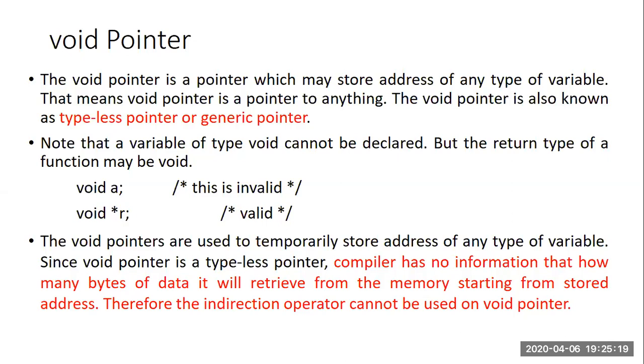Now the question comes, what is the meaning of void *ptr? It's a valid declaration in C. The meaning of void *ptr is that ptr is a pointer variable which can store the address of any data type variable.